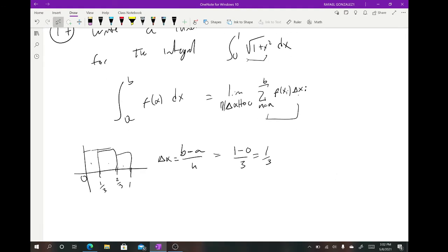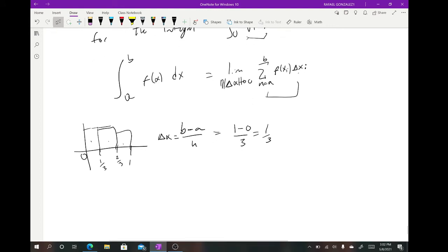You could go with the midpoint, the right point, or the left point. If I were to do this problem, I like to use the midpoint only because the midpoint gives me a more accurate representation.